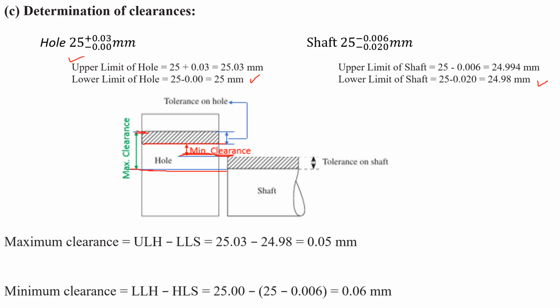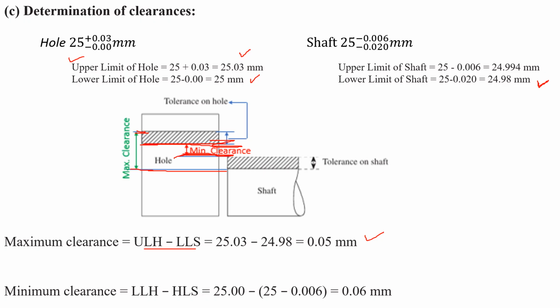So maximum clearance equals the upper limit of the hole minus the lower limit of the shaft. The upper limit of the hole is 25.03 minus the lower limit of the shaft, 24.98. So maximum clearance equals 0.05 mm. And minimum clearance equals the lower limit of the hole minus the upper limit of the shaft.